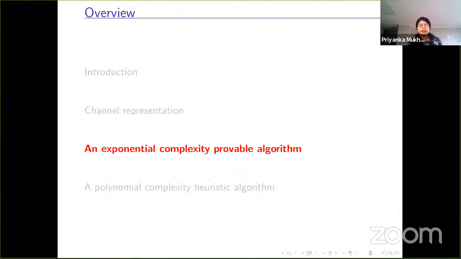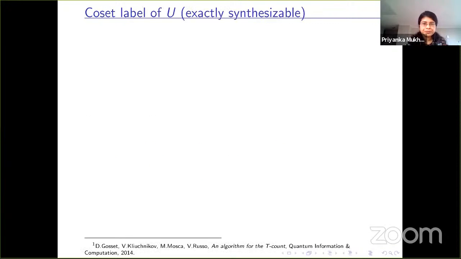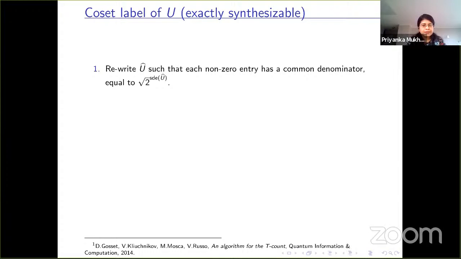Okay, now I'll describe an exponential complexity provable algorithm. Before that, let's describe some important terms which are relevant for our algorithm. A coset label of U is a representation of the channel representation of unitaries which are exactly synthesizable. How do we derive it? We rewrite the channel representation such that each non-zero entry has a common denominator, root 2 to the power of the SDE of the channel representation.